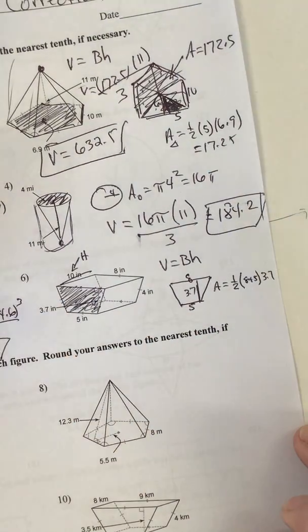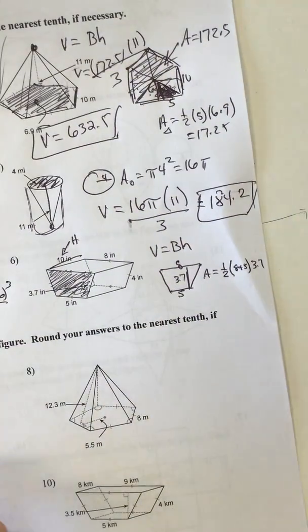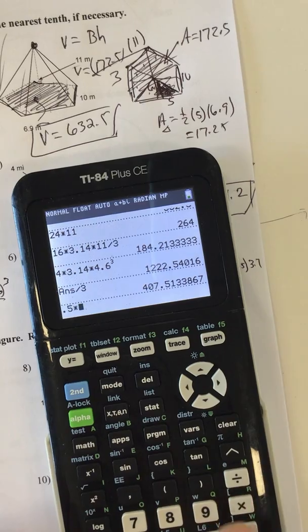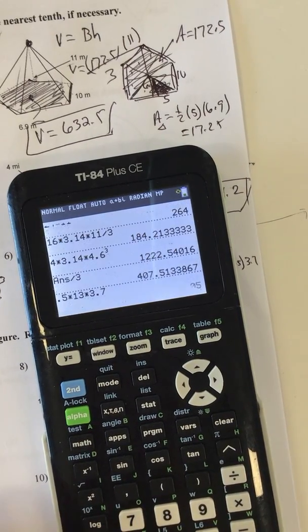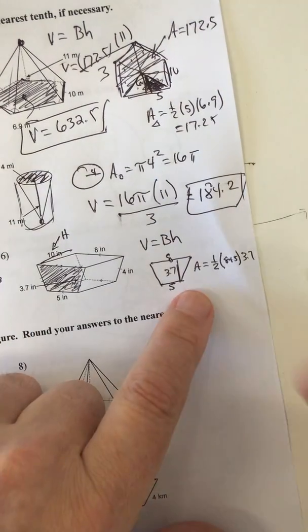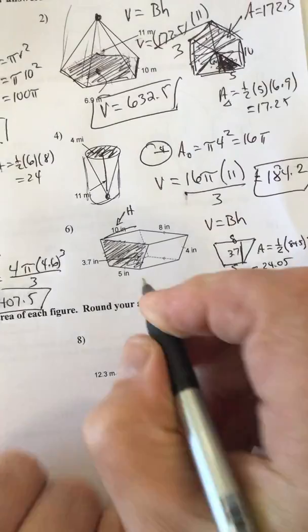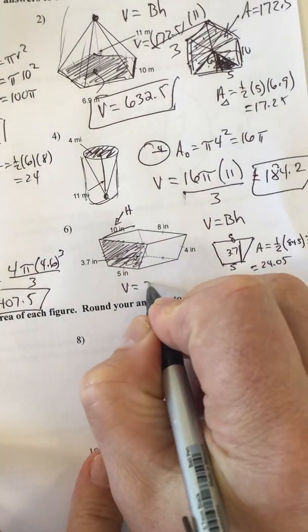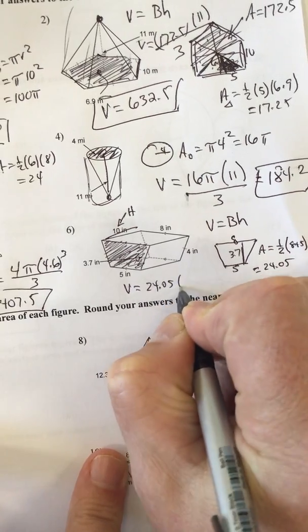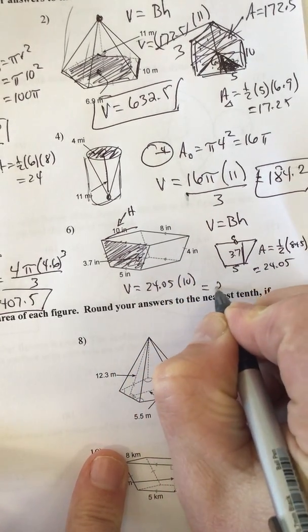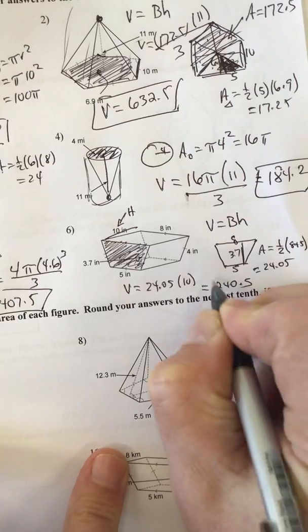So I need 1/2 times 13 times 3.7. 24.05. So the area of the trapezoid is 24.05. So the volume is the area of the base, 24.05, times the height of 10, which is 240.5.